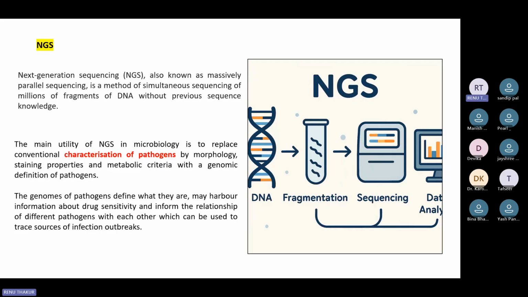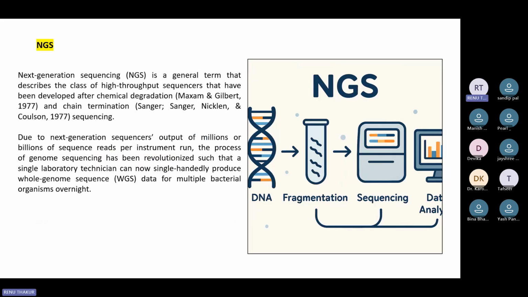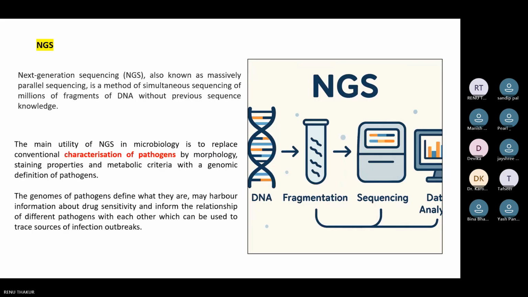So why is it known as next generation? Next generation sequencing, also known as massively parallel sequencing, is a method of simultaneously sequencing millions of fragments at a time without previous sequence knowledge.